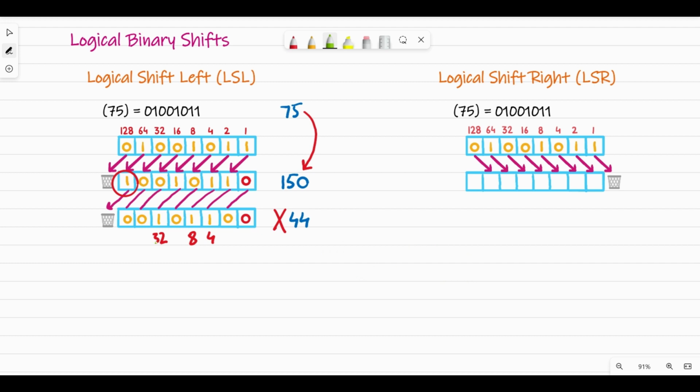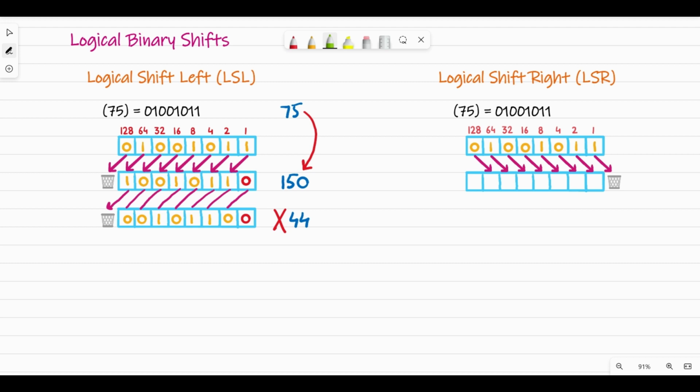Okay, so I will now sum this up: the logical left shift has an effect of multiply by 2 each time, each time multiply by 2 with the original number.